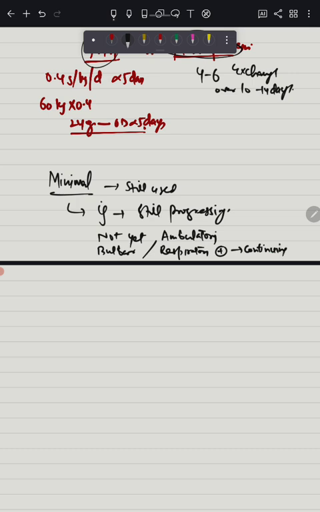So don't start IVIG or PLEX in a patient who is already recovering and walking independently even if weakness persists.